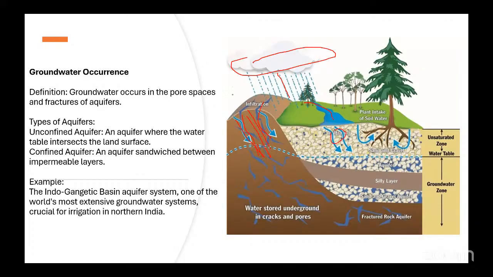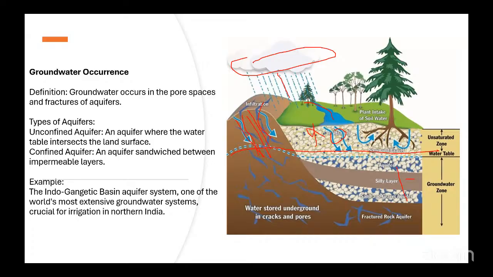This line is called the water table. The upper part of this water table is the unsaturated zone, and below it is the saturated zone because it is full of water. All empty places, all pore spaces are filled with water only. There is no air in the saturated zone or groundwater zone.